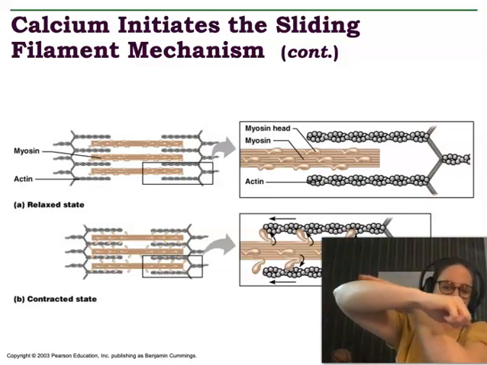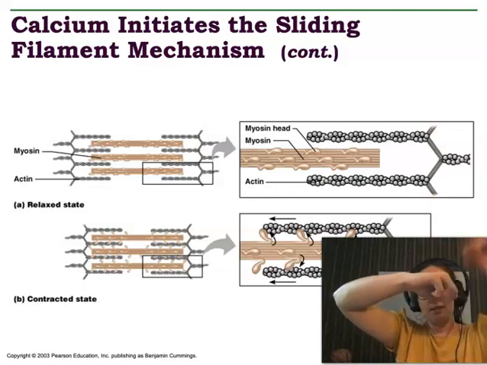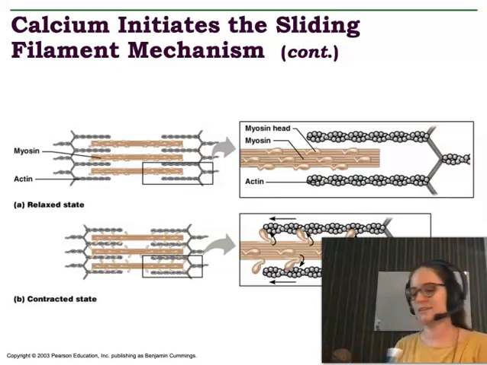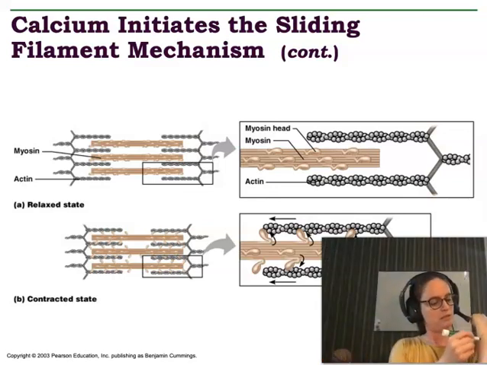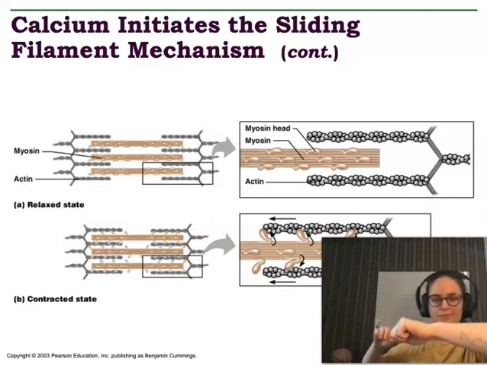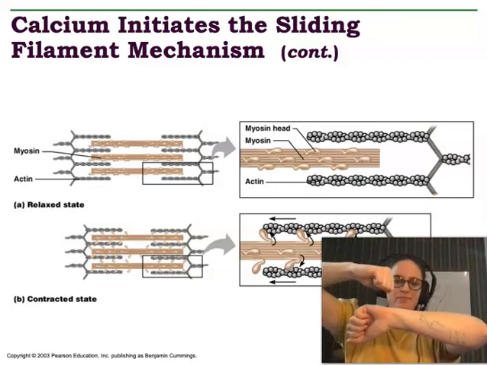So notice this arm stays stationary. This represents the myosin, this represents the myosin head. This arm represents the actin. There we go. Ready?